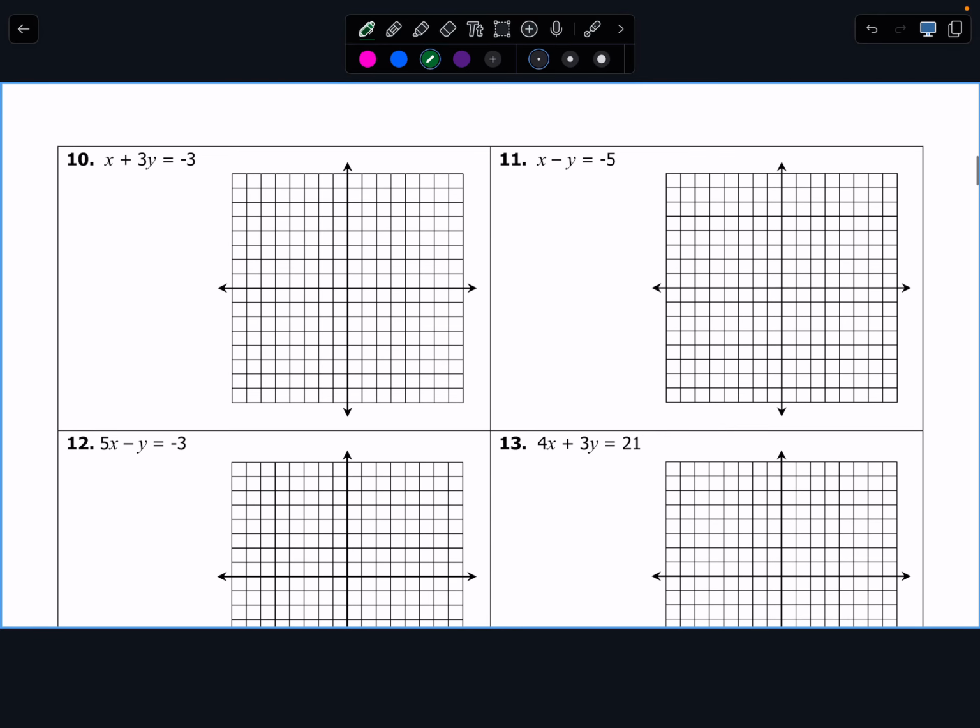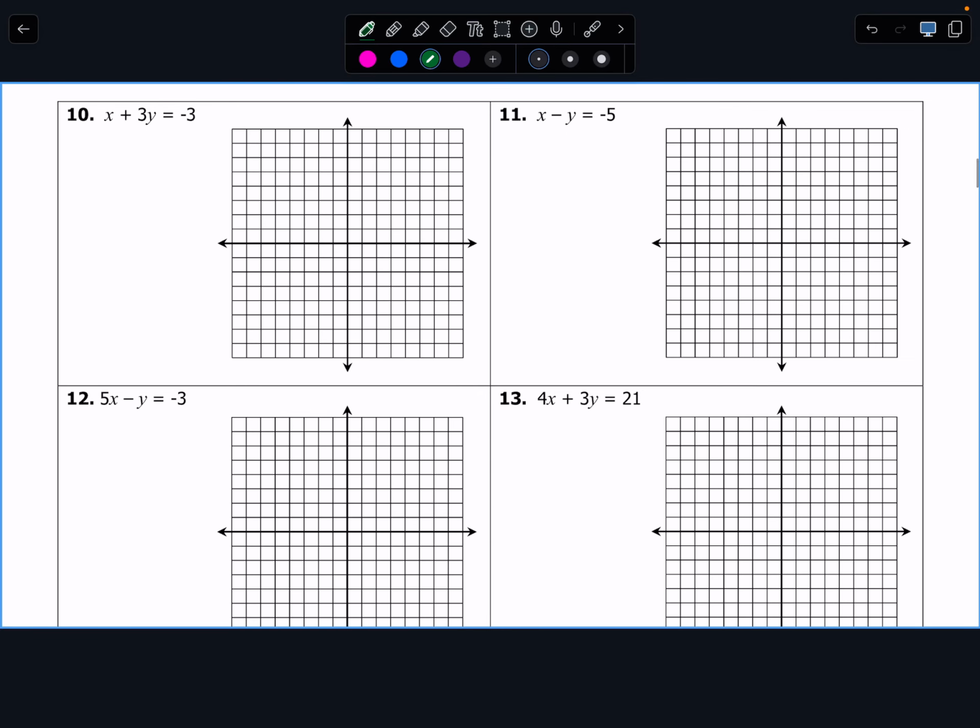When you have questions that are in standard form, sometimes it is better for you to find the x and y intercepts. And sometimes it's better for you to change it into slope-intercept form to graph.